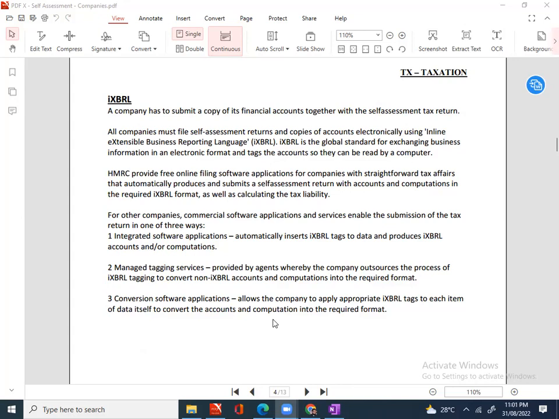That is, simply, this is a system which integrates you to HMRC, which helps you to submit the details, file the returns from your desktop or from your mobile to the tax authorities' system. Okay.